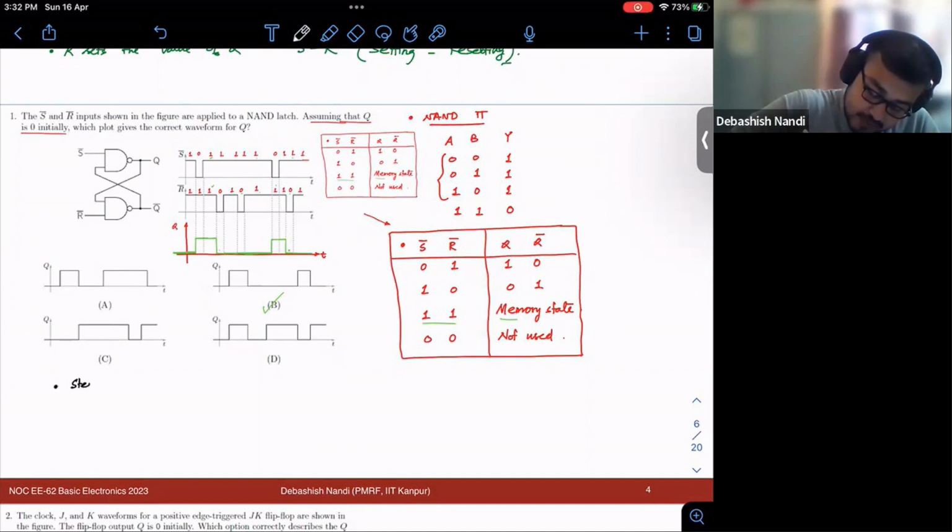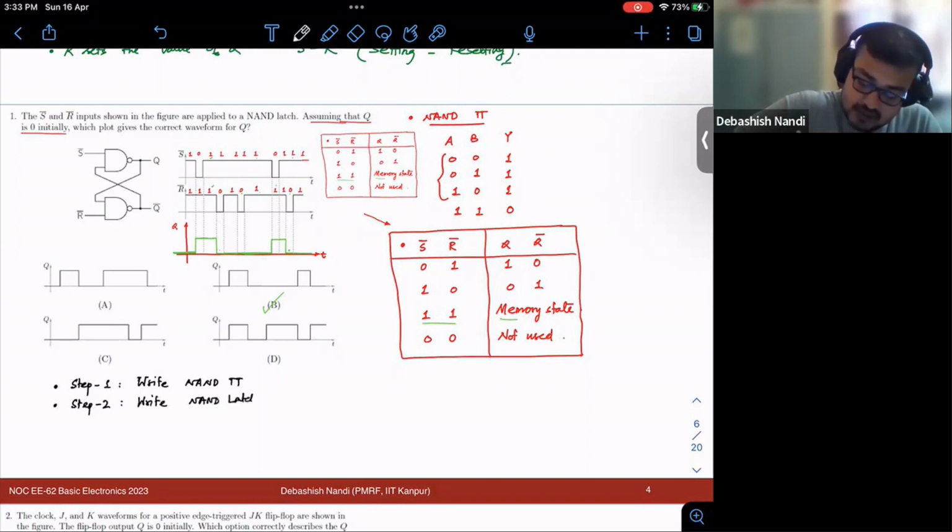Step 1, write NAND truth table. Step 2, write NAND latch truth table, or formulate from this to this.